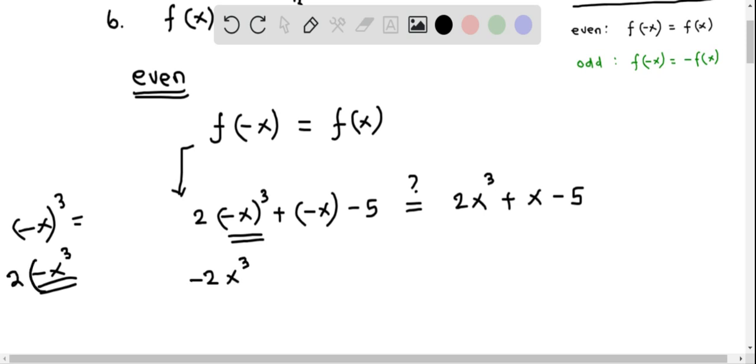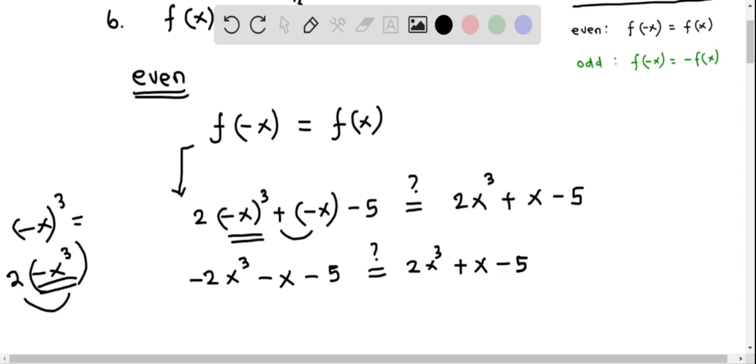Since we have to multiply this by 2, 2 times negative x cubed is negative 2x cubed, and we have plus times minus, which is a negative number. So we have negative x and negative 5, and this basically we are asking equals 2x cubed plus x minus 5.